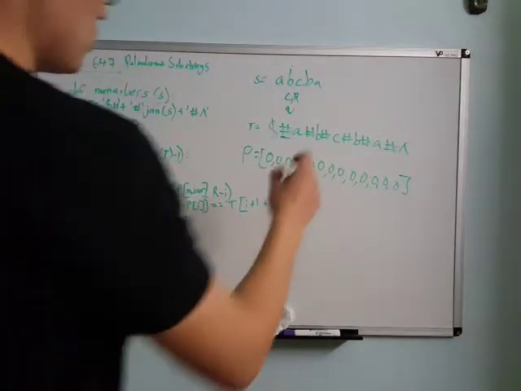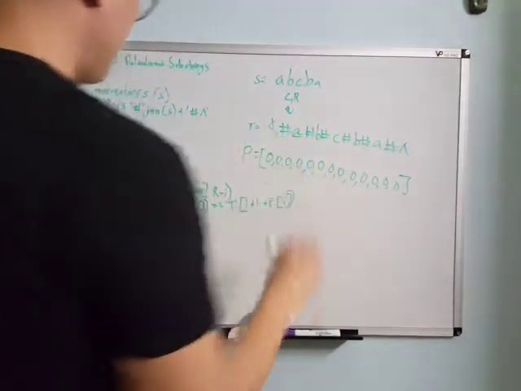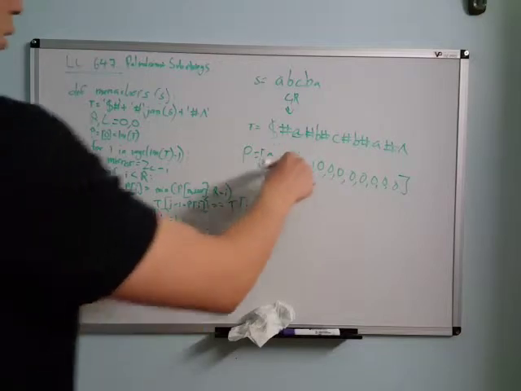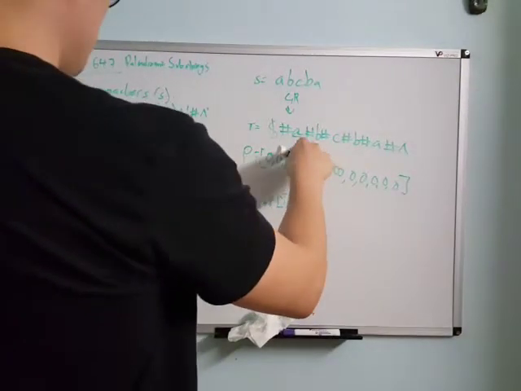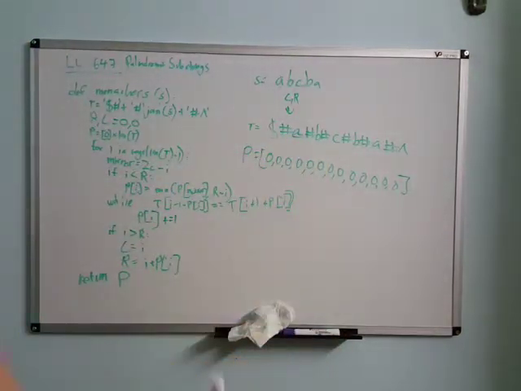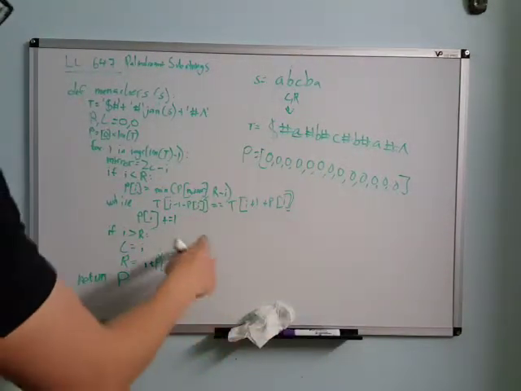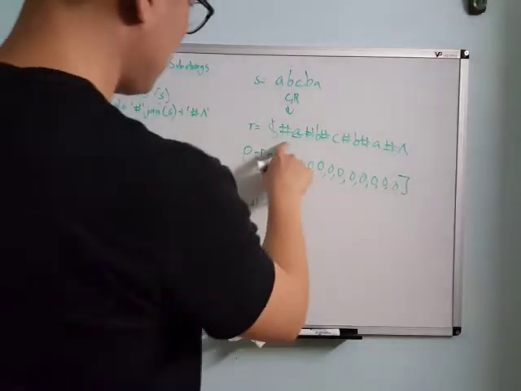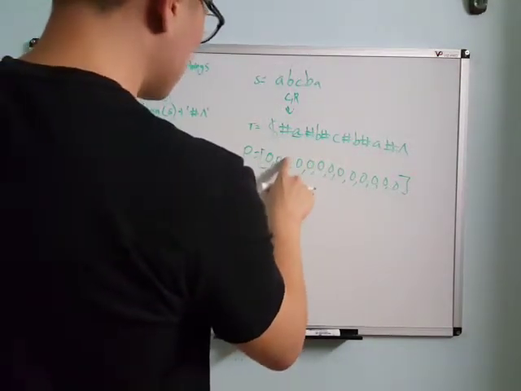So now we go to our next iteration at A. A is less than R, no. While T of I minus 1 is equal to T of I plus 1 plus P of I, we want to increment P of I. So they're equal to each other, so we increment it once.